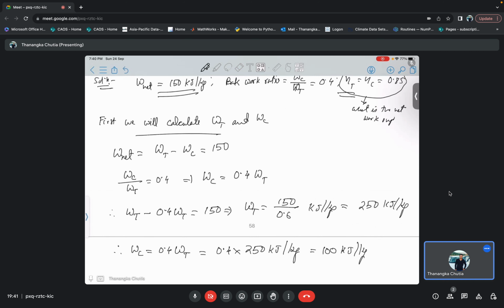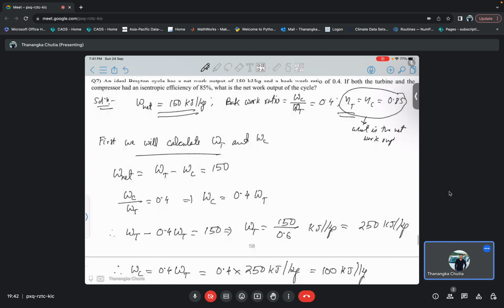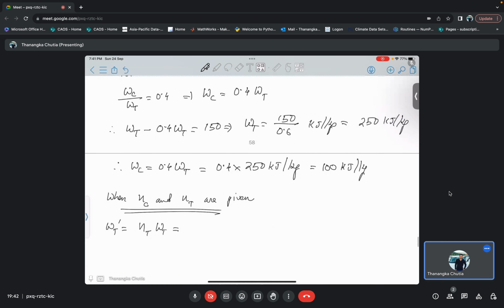Next, when eta c and eta t are given, then WT prime is equal to eta t into WT, that is 0.85 into 250 kilojoule per kg.